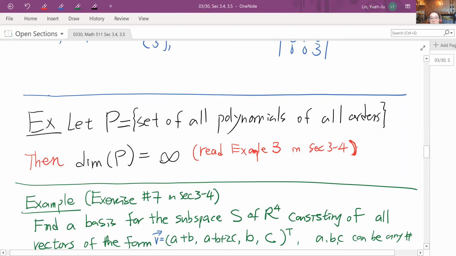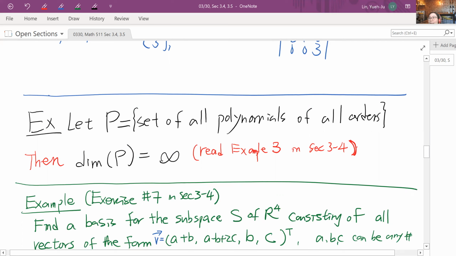So this example is about the vector space we call Pn, right? It means you collect all the polynomials of degree up to n minus 1. For example, P3 is the vector space of all polynomials of degree up to 2.